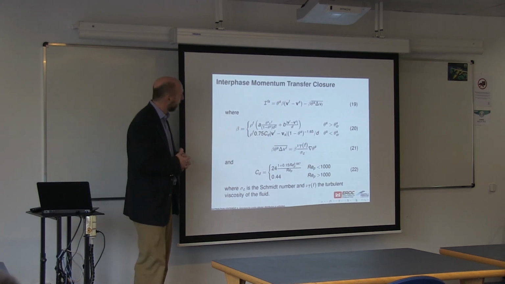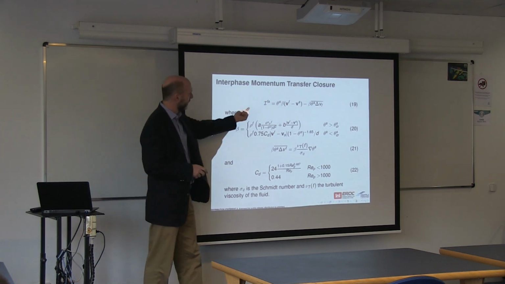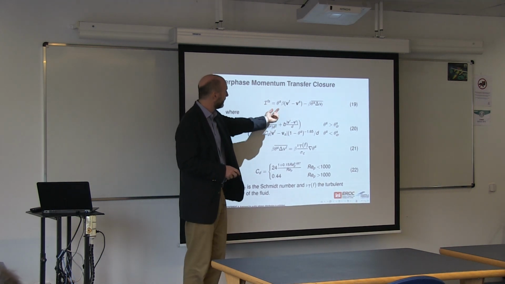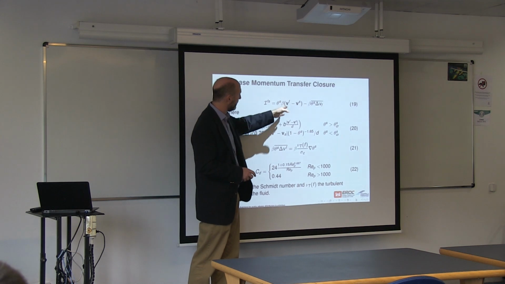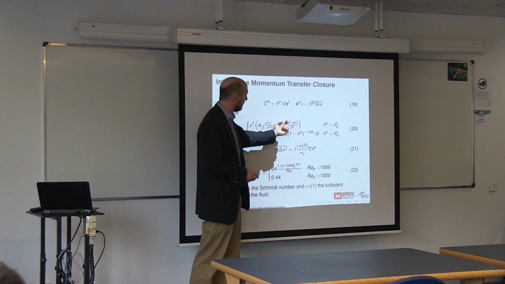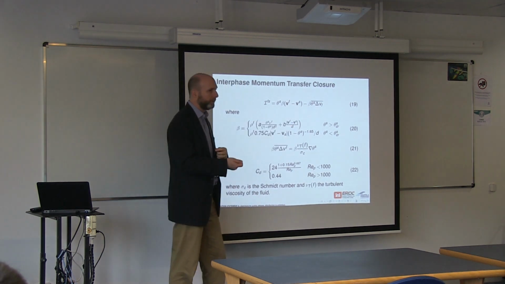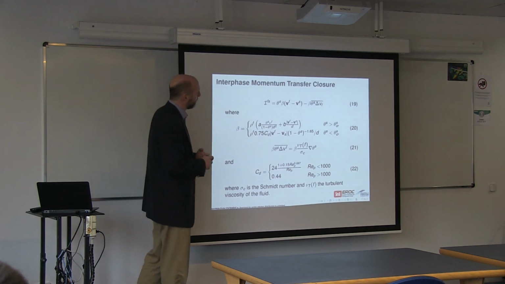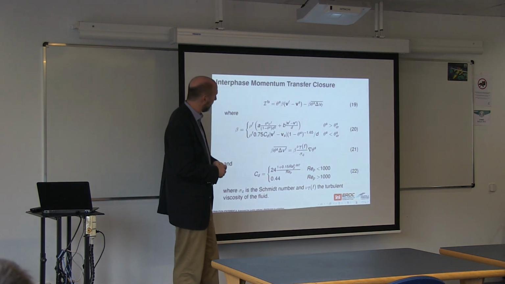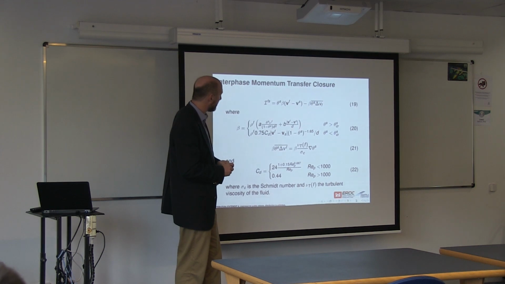So what do these terms look like? As I mentioned, the interface momentum transfer term, which would be the source sink terms from fluid to solid, looks like a drag term. So it's multiplied by the sediment fraction, some constant beta, which is actually not really a constant, it's a function of the velocity and the sediment fraction. But it's just penalizing the difference between the fluid phase and the solid phase. There are some other terms that arise due to the averaging process, which also go into the interface momentum term.